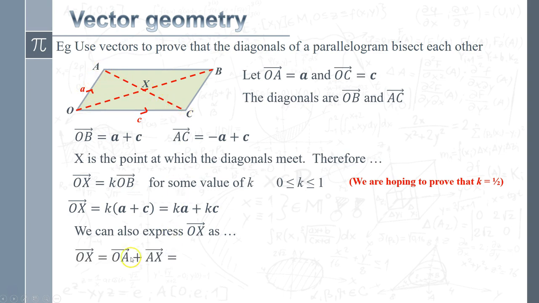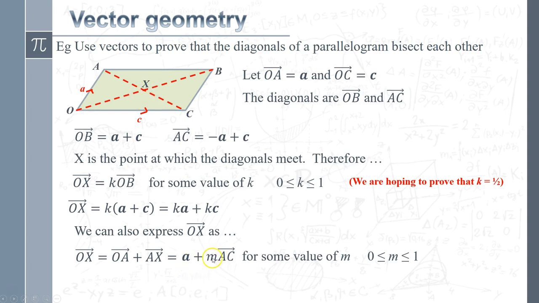So what I'm going to do is say that OX is OA plus AX. And in the same way as I described OX as being some fraction of OB, I'm going to describe AX as being some fraction of AC. Now, I don't know what that fraction is. I don't know if it's the same or different at this point to what we had before, so I'm going to have to use a different letter.